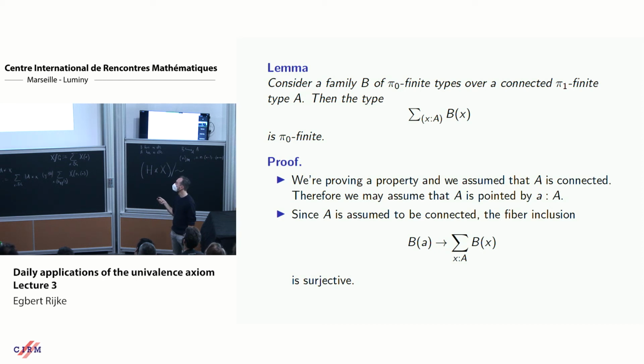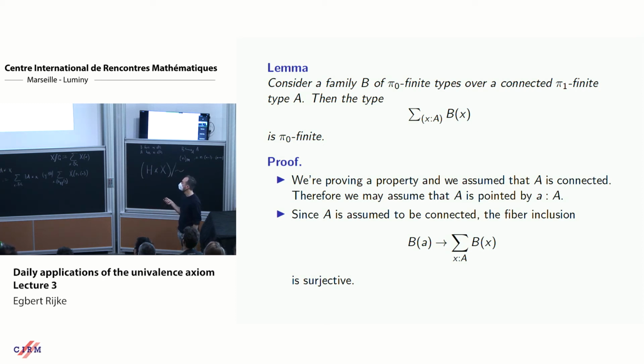Then the sigma type is pi 0 finite. So the sigma type has finitely many connected components. And we're going to prove this, and then we're going to generalize this. So this is just the lemma, the base case of an inductive argument later on.